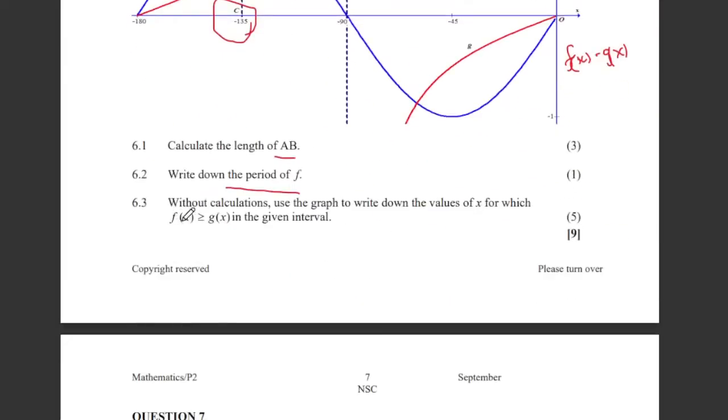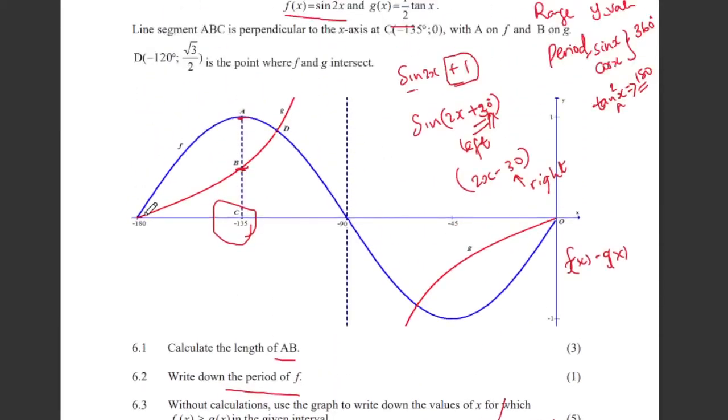Then use the graph, without calculations, to determine the intervals where f of x is greater than or equal to g of x. So when they ask you for this, f of x has to be on top. So where do we find the graph of f to be above? It's between negative 180 and this point D. So what we need to do is determine the values of D, or the coordinates of D. Same story when you look at the negative 90 and this point here, we can see that the graph of f is still above, because after that the graph of f goes below.